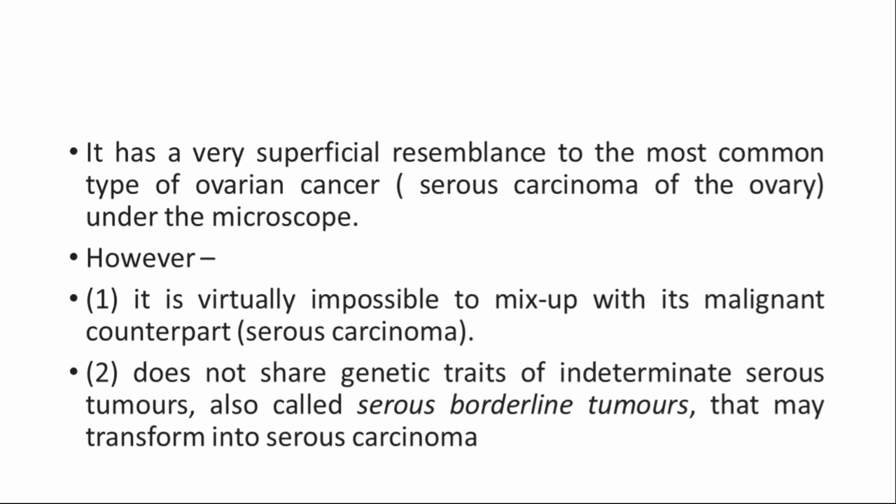Even though it comes under the epithelial tumors of the ovary, which are benign, the serous borderline tumors and serous carcinoma come under malignant. The serous borderline tumors are intermediate. Even though initially they are benign, they may transform into malignancy. So they are considered as precancerous lesions.